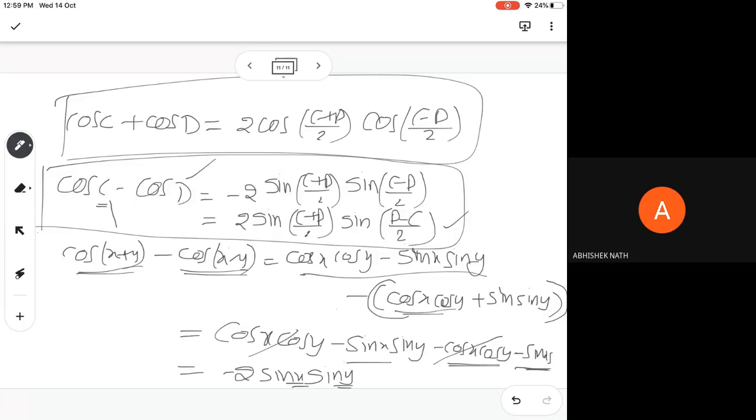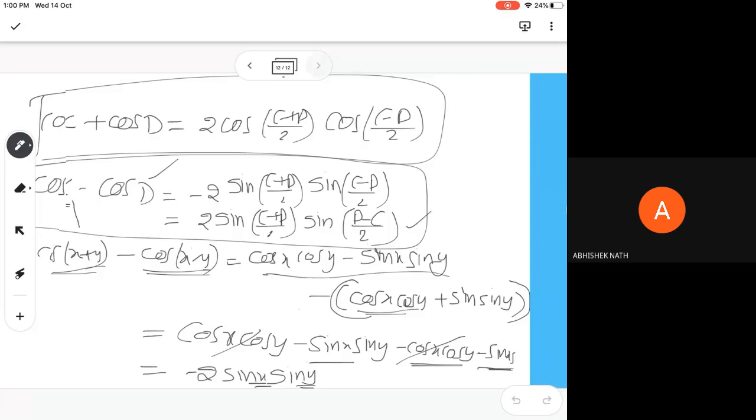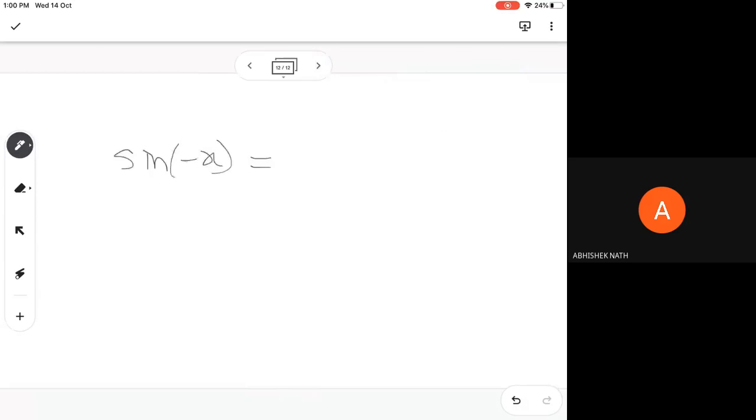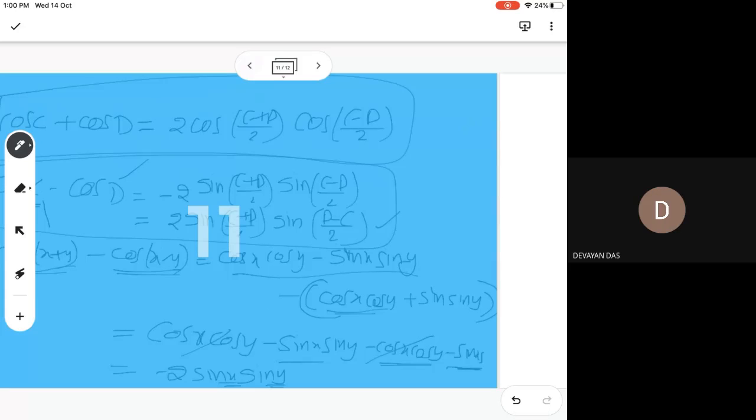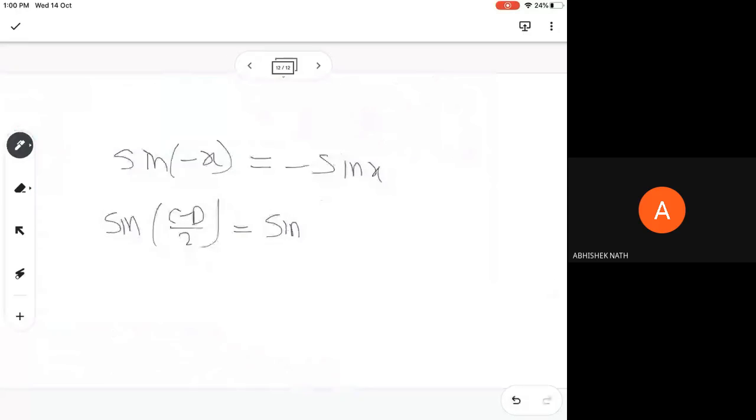Simple. Okay, let me ask you one question. What is the sign of minus x? So minus sin x. Minus sin x. The sin of c minus d by 2 is there. What is here? It is sin of c minus d by 2, isn't it? Yes, sir. Can I write this as sin of minus of d minus c by 2?